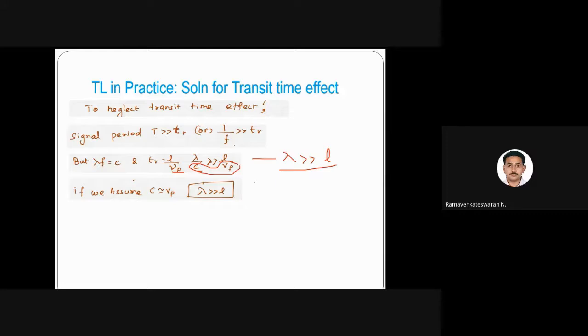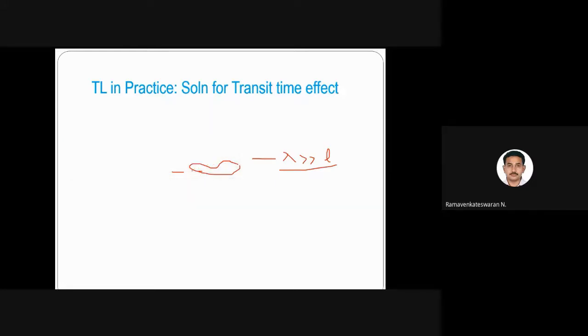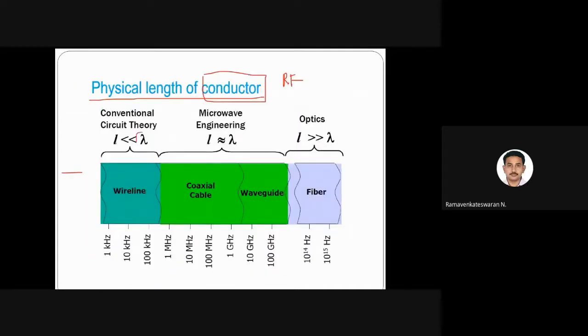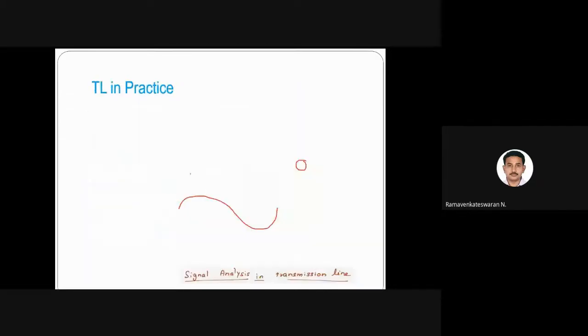That's what we have also seen in the previous pictures. The wavelength of the operating signal should be very high compared to the physical length, so that the transit time effect can be avoided in wireline communications.